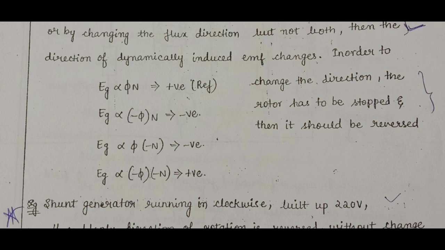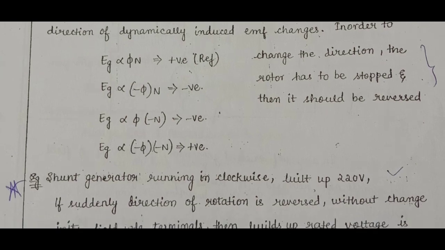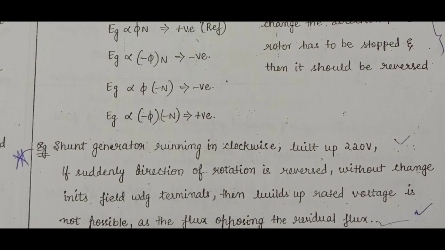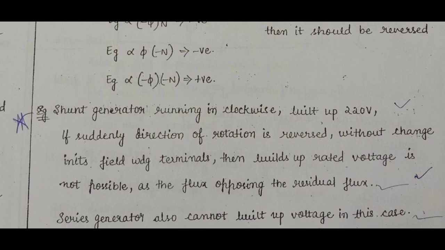So the Eg value is negative. Eg proportional to phi minus N, minus N means the direction of rotation is reversed, so here also the generated EMF is negative. Now if flux direction and speed direction both are reversed, then there is a positive EMF.